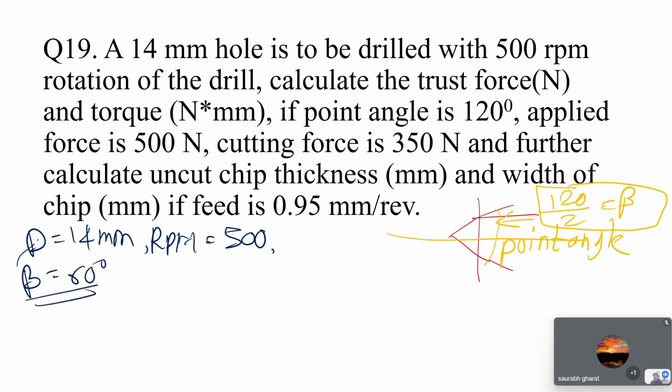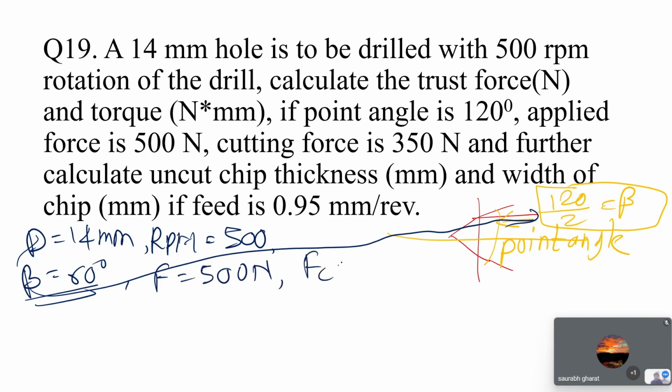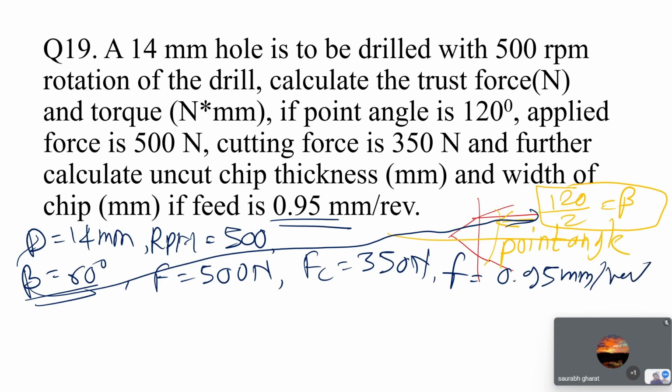You have applied force F equal to 500 Newton. The cutting force FC is 350 Newton. Further calculate uncut chip thickness and width of the chip if the feed is 0.95 millimeter per revolution, again given to you.